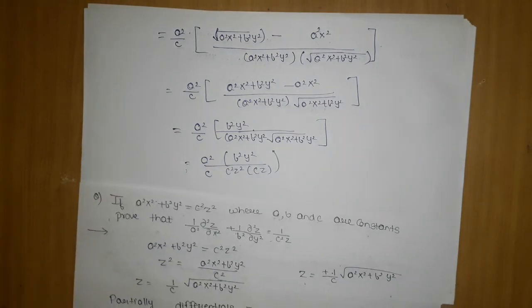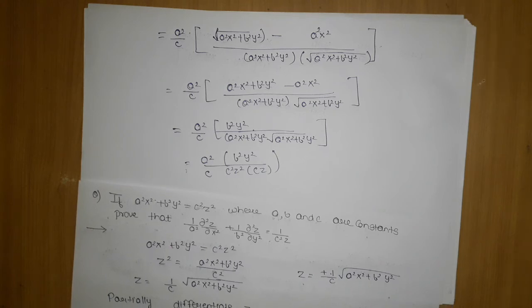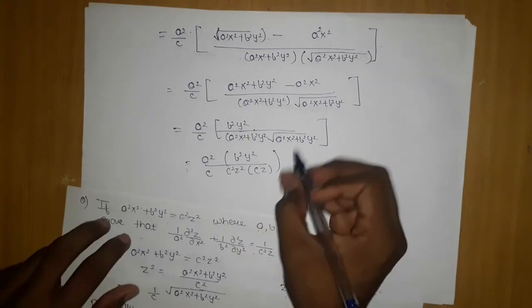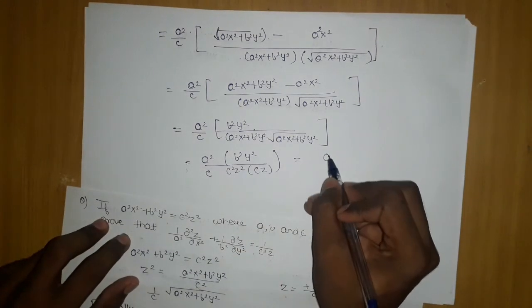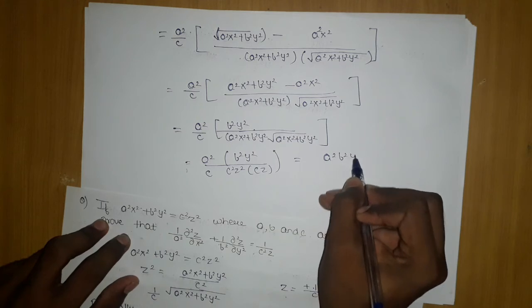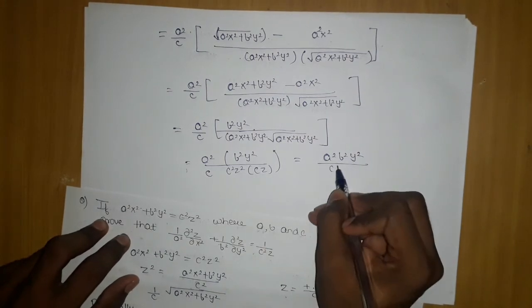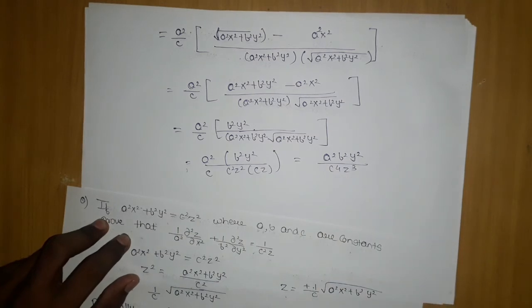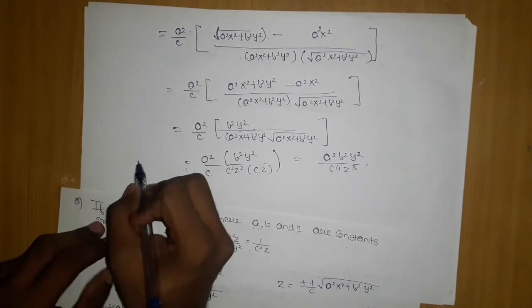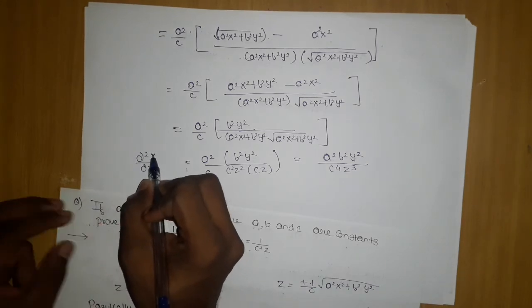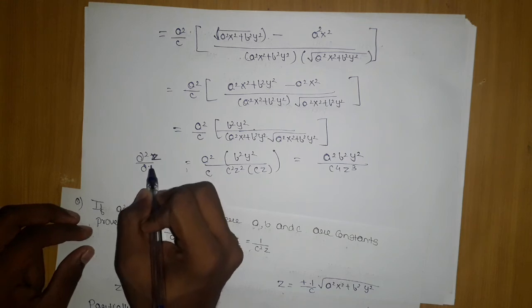So we are getting something like this, which is a square b square y square c power 4 into z cube, right? So this was what finally dou square z by dou x square.